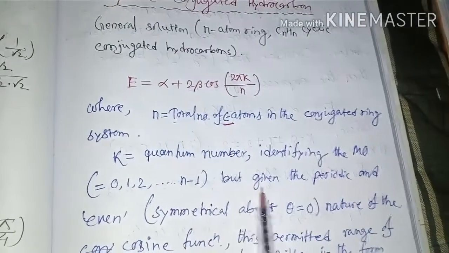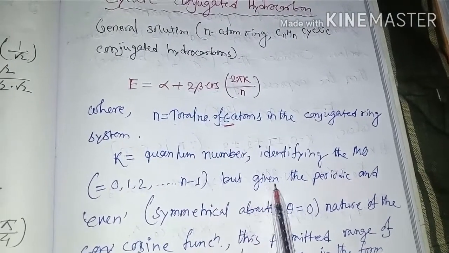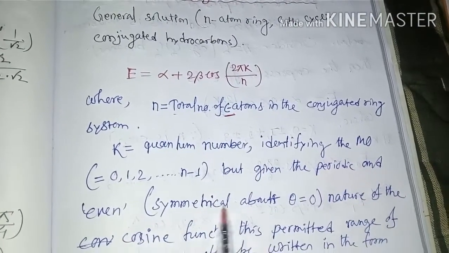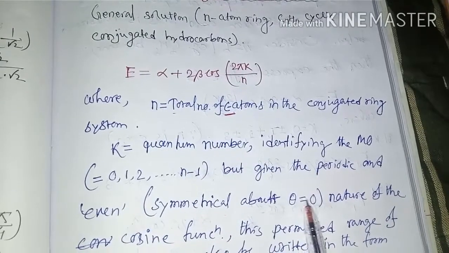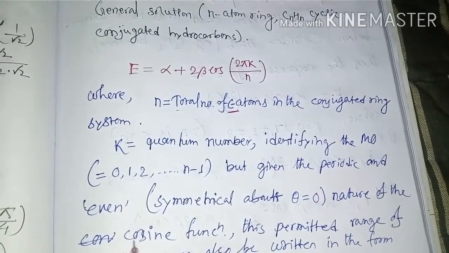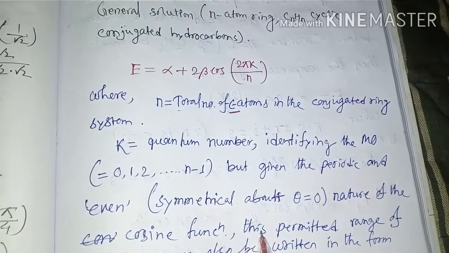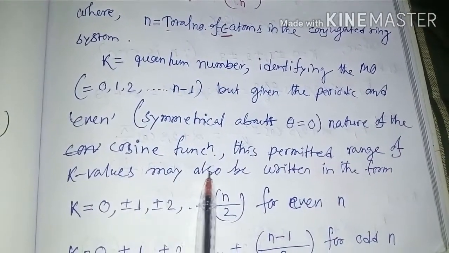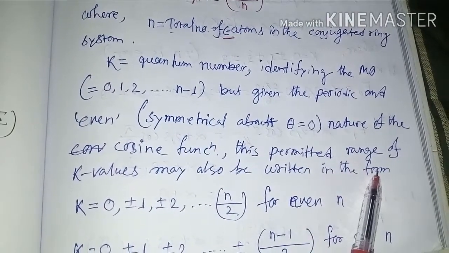n minus 1. But given the periodic and even symmetrical about theta equal to 0 nature of the cosine function, this permitted range of k values may also be written in the form.